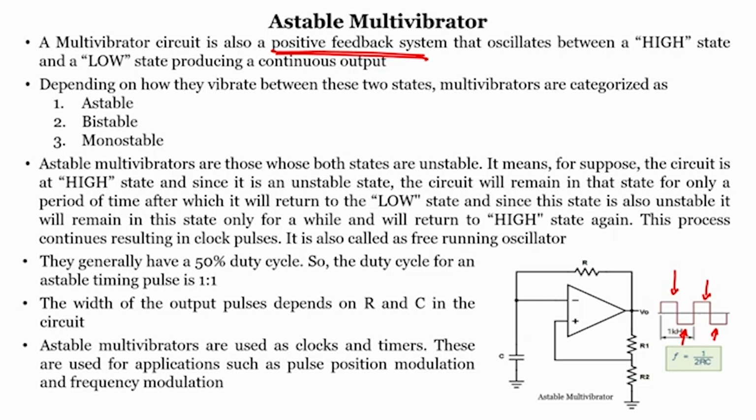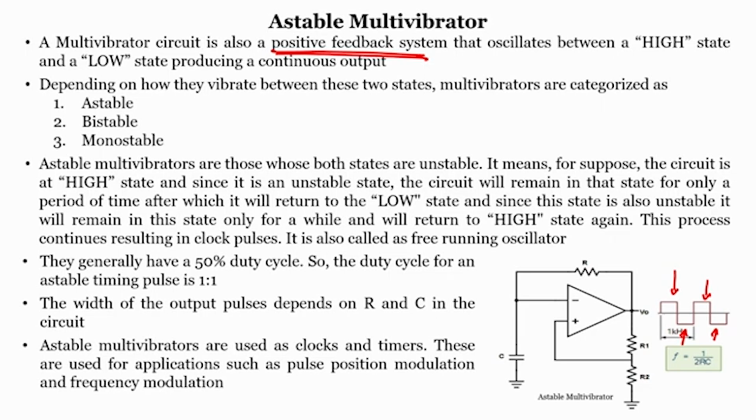So, a multivibrator is a positive feedback system, it oscillates between high and low. According to how they vibrate between two states, they can be classified as astable, bistable, monostable, and astable are those whose both states are unstable.